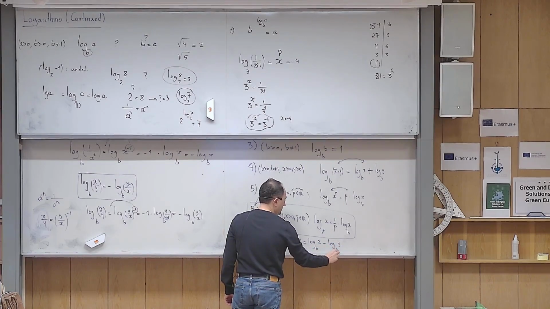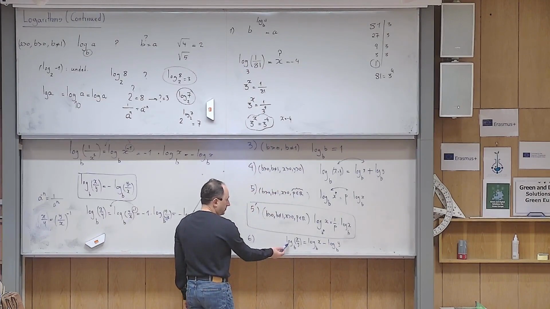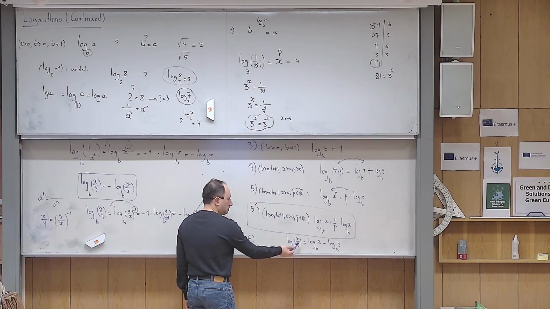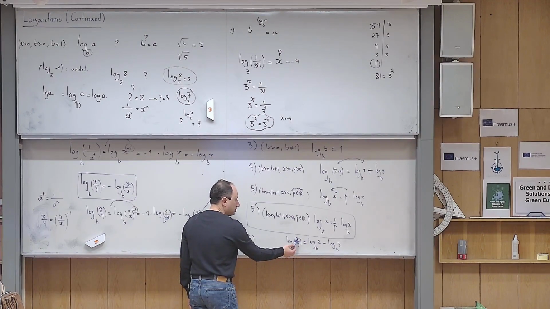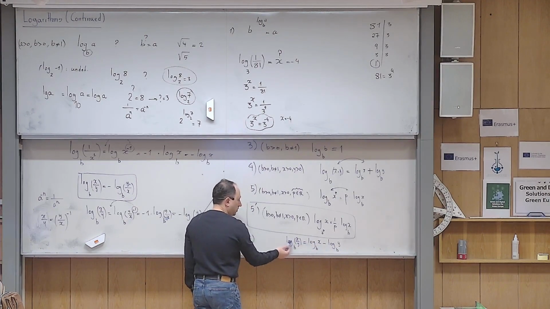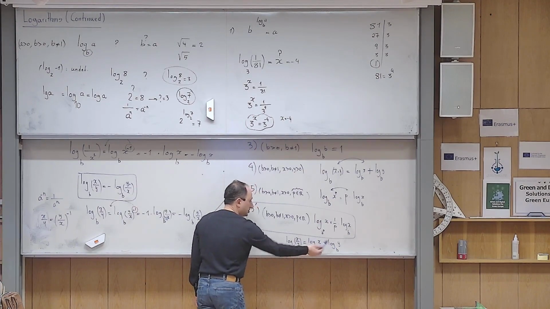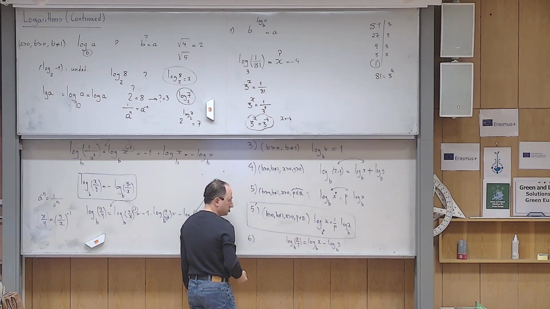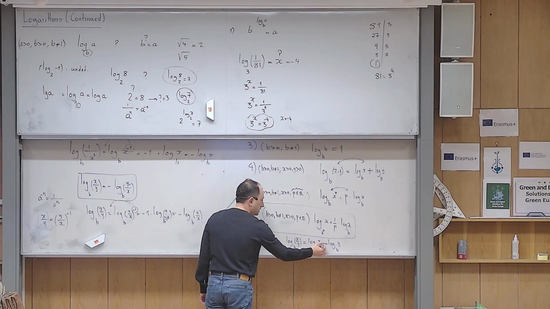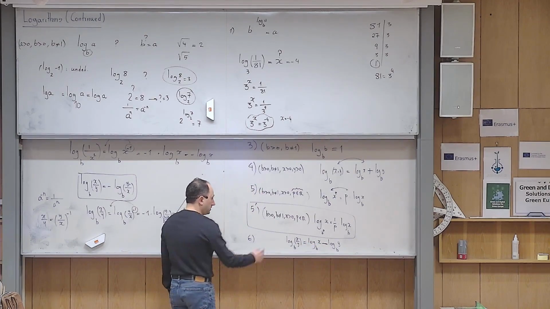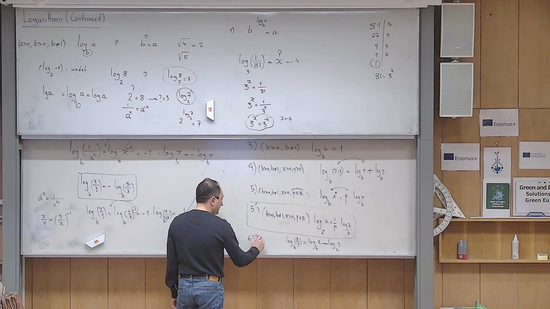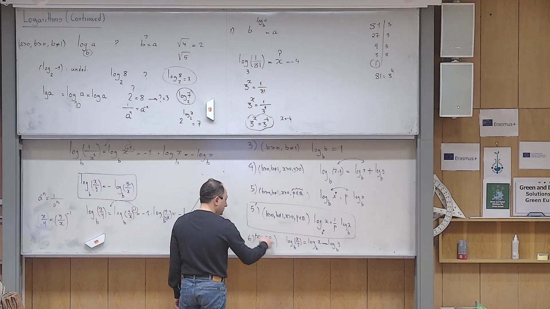That's also a little bit weird in the beginning. So if you have a log of a fraction or a division, you can write the log of the numerator and the log of the denominator separately, but don't divide them. In this case, you have to subtract them. And this happens if x is positive, y is positive, b is positive, and b is not equal to 1. So under all these conditions, if they are met, then this is correct.